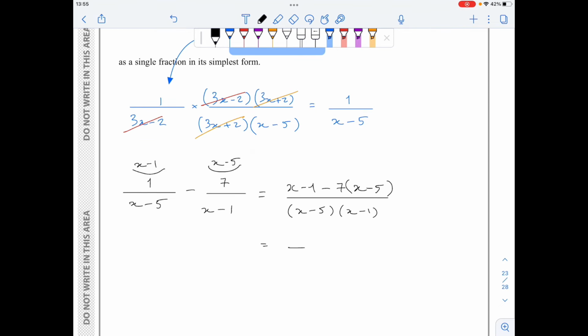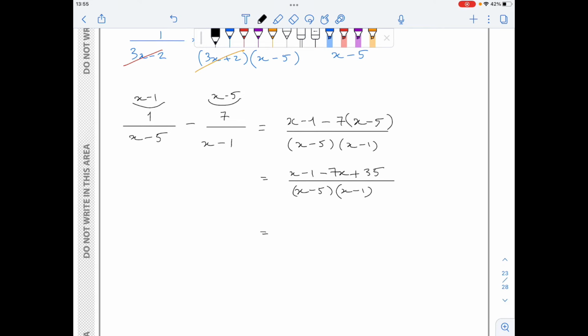Let's expand the numerator now. X minus 1 minus 7x, and be careful, minus times a minus gives a plus 35. Denominator stays the same, so the numerator now simplifies to 34 minus 6x over x minus 5, x minus 1.